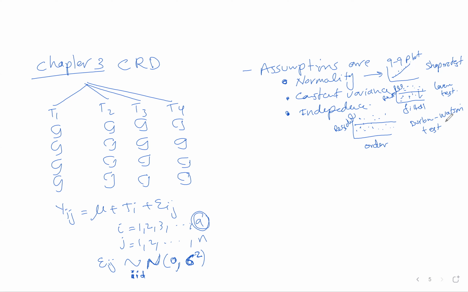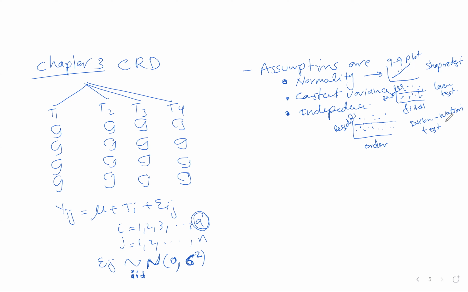For the Shapiro test, I need the p-value to be greater than 5% to fail to reject H0, which says normality is satisfied. For the Levene test, I need the p-value to be big to fail to reject H0, which says sigma 1 squared equals sigma 2 squared equals sigma 3 squared up to sigma a squared. For Durbin-Watson, I need the p-value to be big to fail to reject H0, which says independent. This is how I check the three assumptions, and this is the statistical model and the layout of the design.